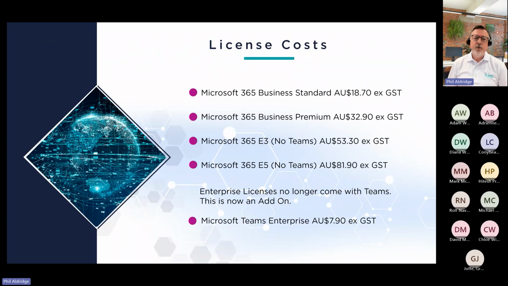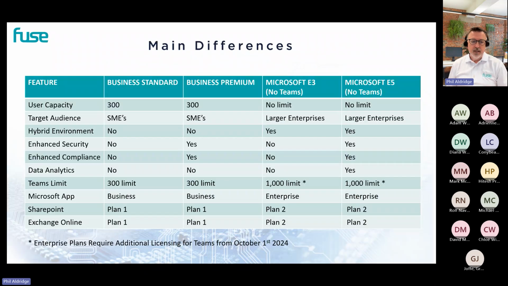Now, why would you buy premium? Why would you buy E3, E5, etc.? This screen is a very simplified version of why. The biggest difference from an end user perspective, from a client perspective, between business standard and premium and Microsoft E3 and E5 is the limit of 300 seats.